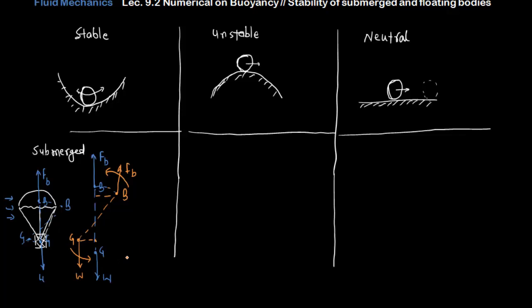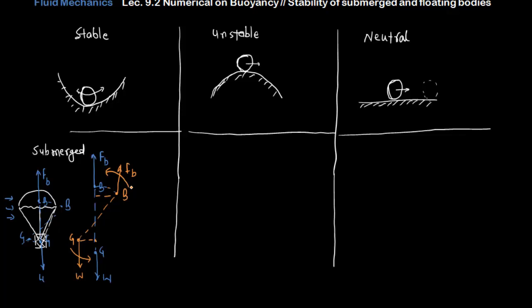In this case you can see both the buoyant force and the weight are creating moments in such a way that they are trying to bring this body back to its initial position. The moment is counterclockwise, so they are restoring the body.